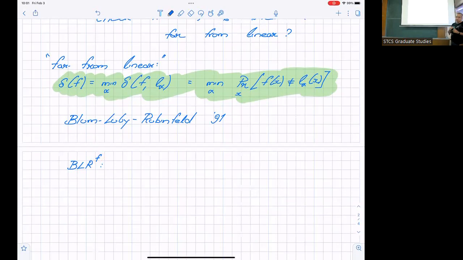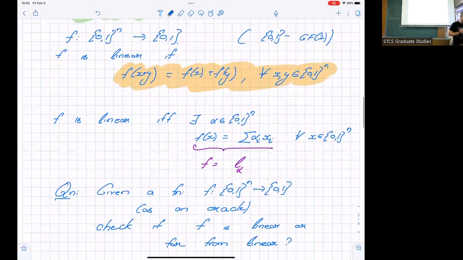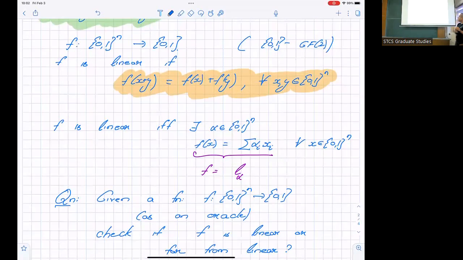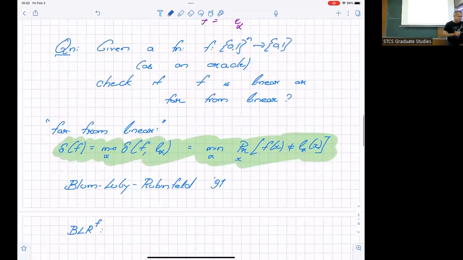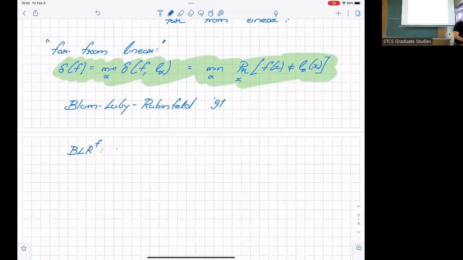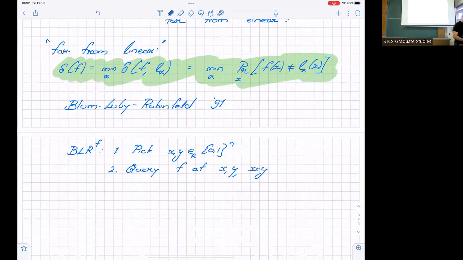They just said let's use the old definition of linearity, the first one, not the second definition. There are these two definitions of linearity. Use the first definition and see if it's a robust characterization. They basically said try the following: pick x and y at random, query f at x, y, and x plus y.